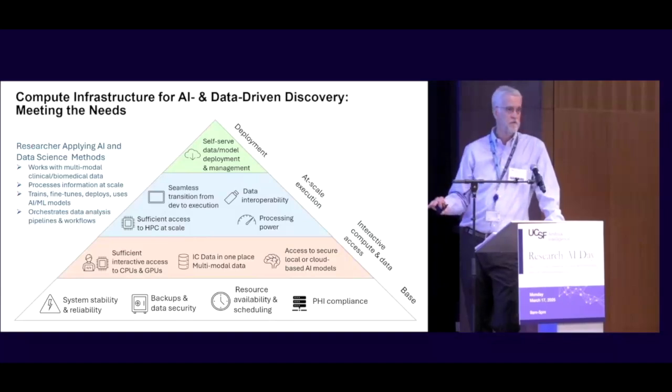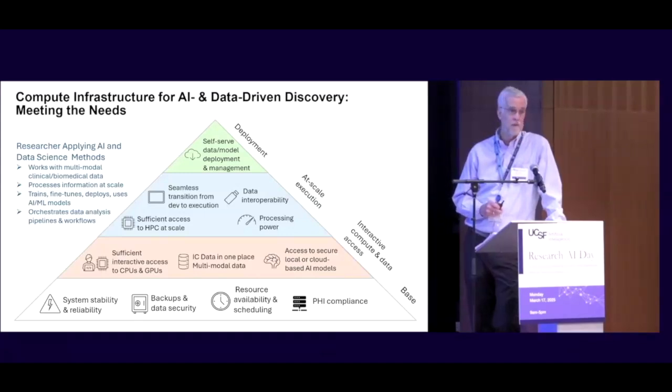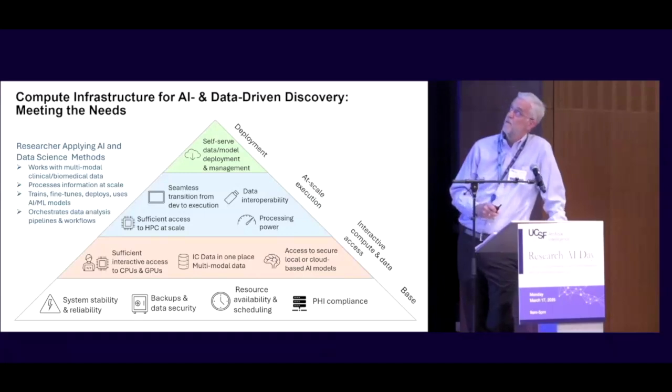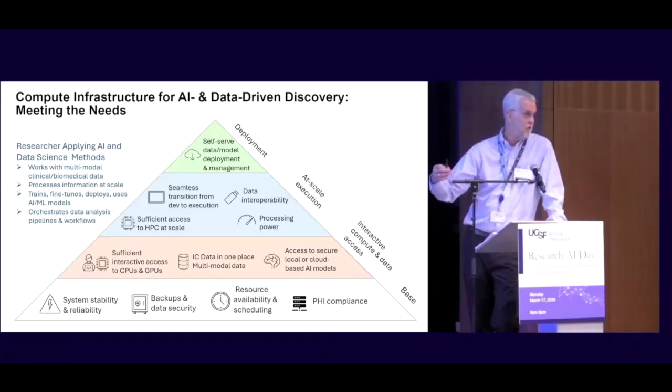Everything we do for institutional compute needs to cover the things that are on base. The interactive compute layer is there to focus on the needs that you have when you're doing development, prototyping, and model testing at scale. The next layer is there for when you're doing training, fine-tuning of models. And lastly, the deployment level is there to deploy models, either ones that you have downloaded or that you have actually developed.